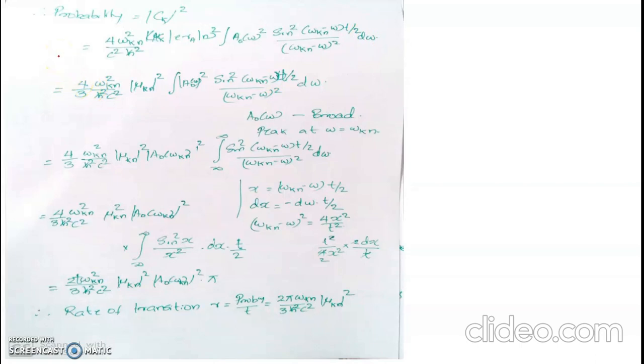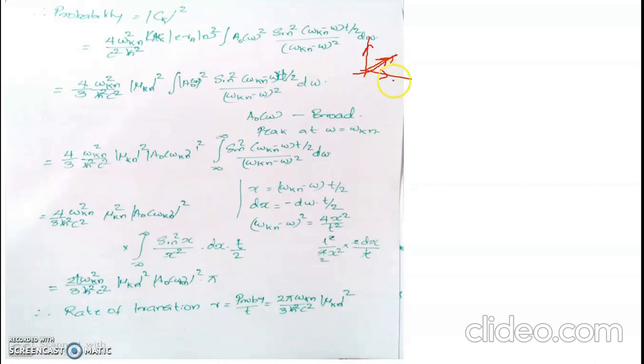Now, in a practical case, there can be only one direction out of the possible 3 dimensions. So this is the overall theoretical probability. However, practically there could be absorption or emission only along that particular direction in which the electromagnetic radiation is propagating.